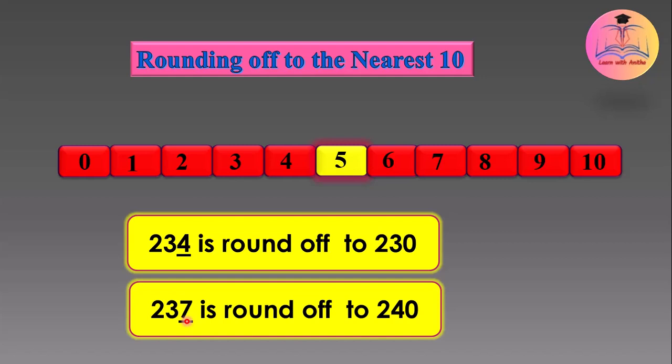If the digit at the ones place is 5, 6, 7, 8, 9, then we will make it nearer to 10 by replacing it with the digit 0 in the ones place and increasing the tens digit by 1. So for 237, you put 0 in the ones place and increase the tens place by 1. I hope everybody understood rounding off to the nearest 10.